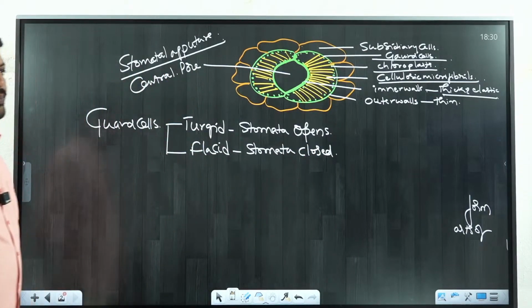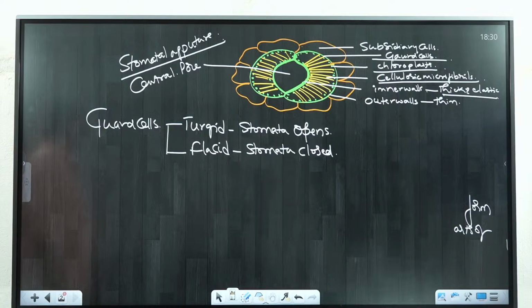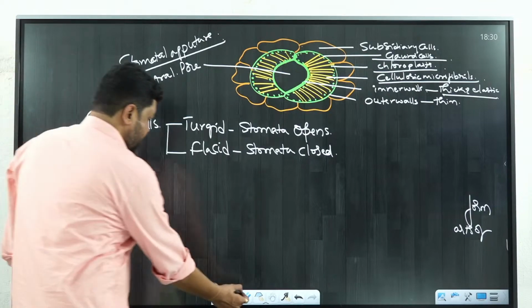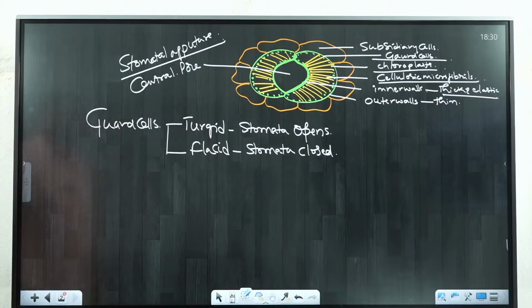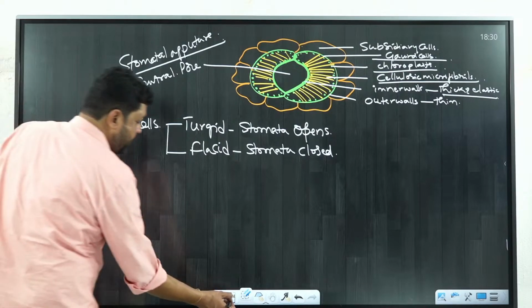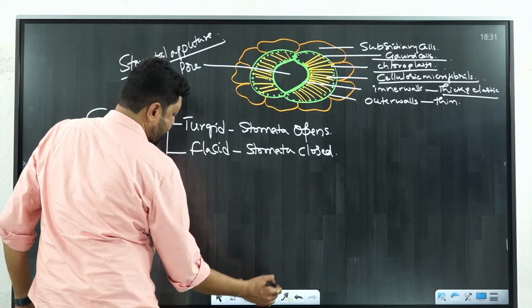It means that opening and closing of stomata is due to change in the turgidity of guard cells. Was it clear? Have you noted down the point? Guard cells flaccid, stomata closed. Then shall I go for the next side heading?